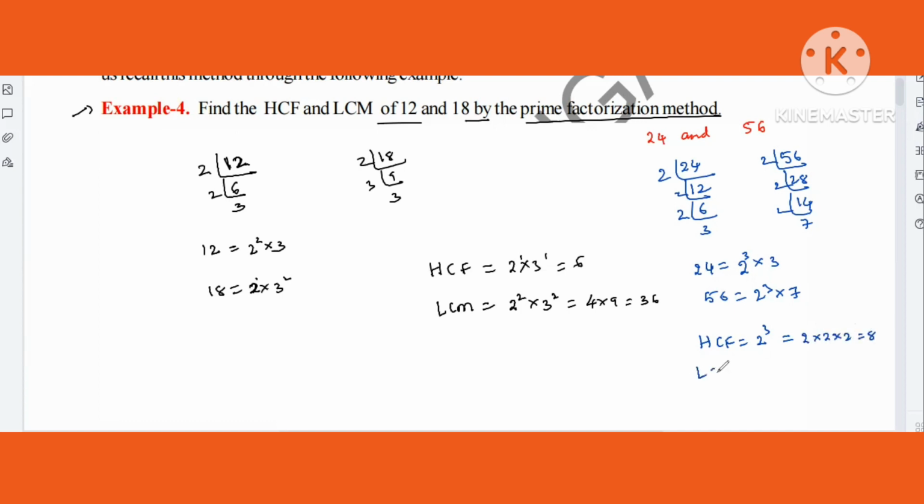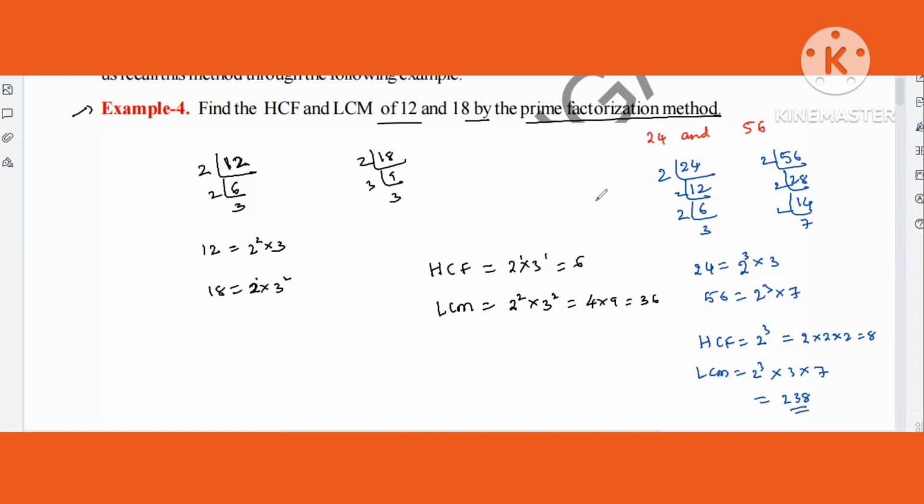If we take LCM, here you should write the highest power for the common bases, means here 2 cube, and the remaining all, means here 3 is there and also 7 is there. So 2 cube is 8, 8 into 3 is 24, 24 into 7 is 168.